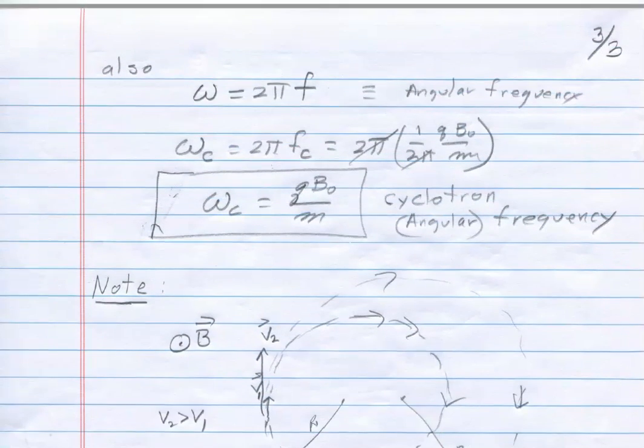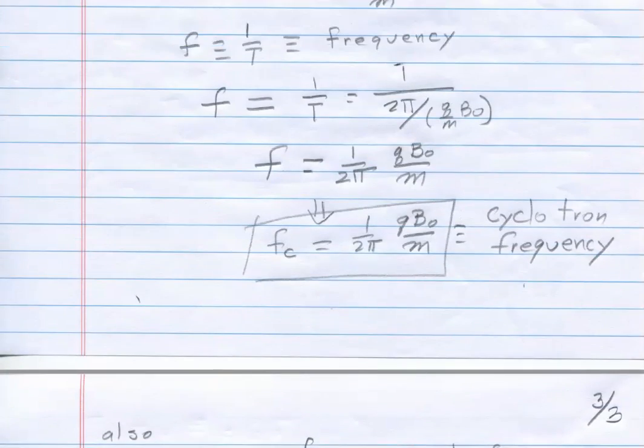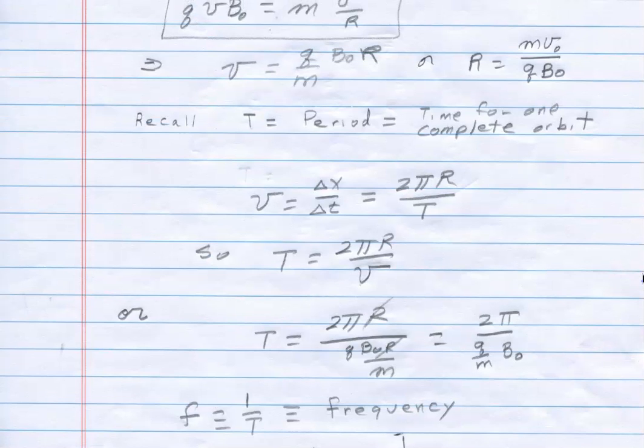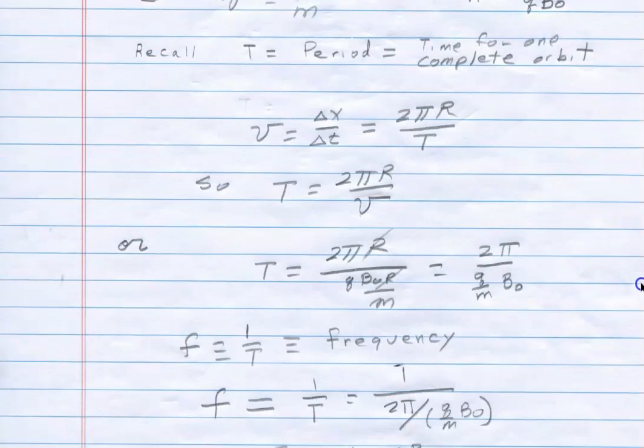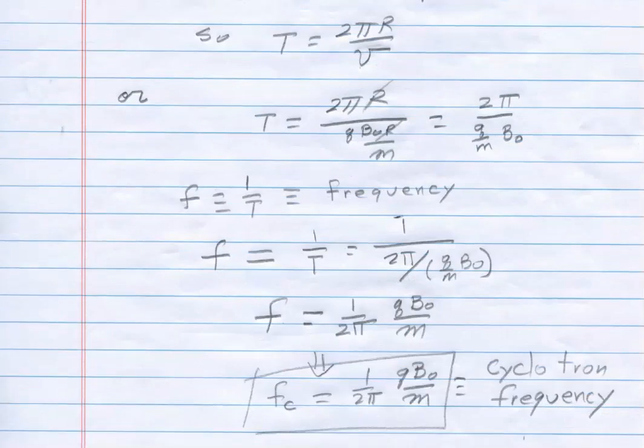What I claim is that this is really a pretty surprising result. If you look at the time it takes to go around, there's a good expression for it, the r's canceled out. So there's no radius dependency on the period that it takes to make one complete circular orbit.